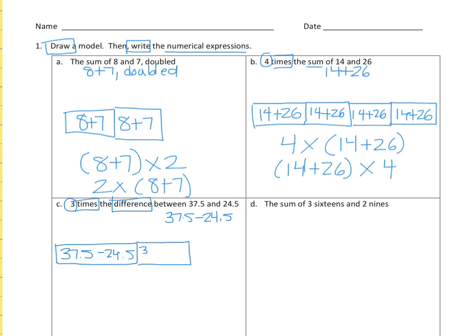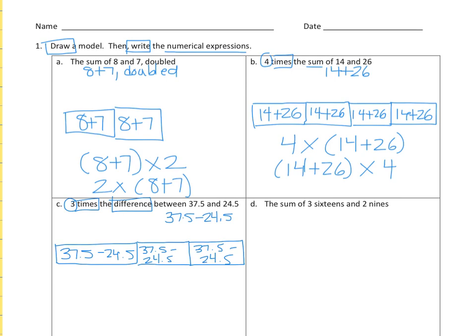And you might need to do a little bit of squeezing into the space provided for you. Once again, notice I am not solving anything at all. I'm just taking the problem and modeling it as a picture. All right, so 37 and 5/10, take away 24 and 5/10 3 times.